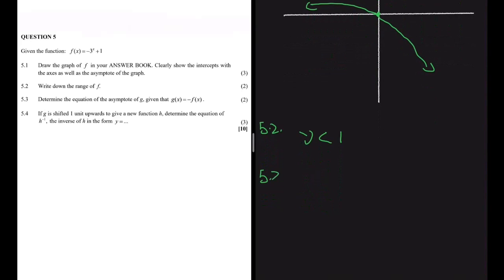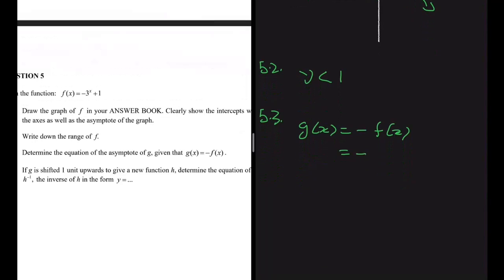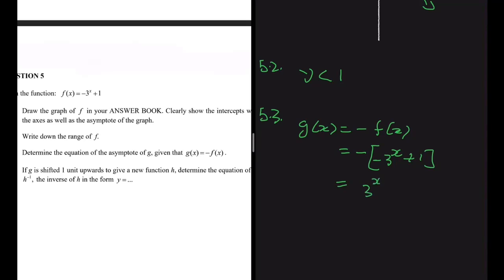And then 5.3. 5.3 says let's determine the equation of the asymptote of g, given that g of x is equal to minus f of x, right? So let's just go ahead and substitute f of x and see what we're going to have. We're going to have minus, and then f of x, that is minus 3 to the x plus 1, and then if we multiply that out, we're going to get 3 to the power x minus 1, right?